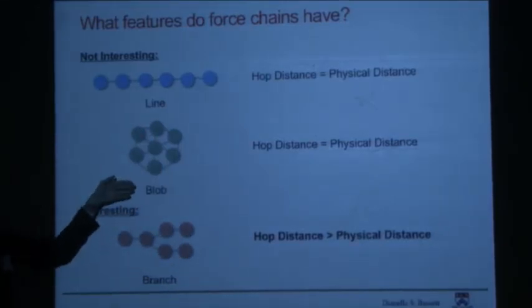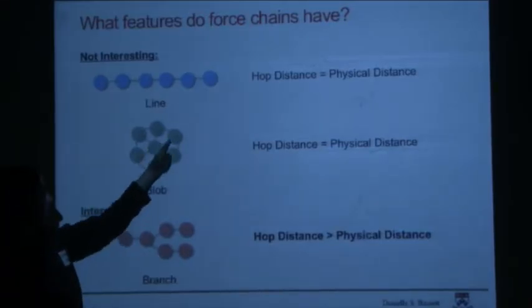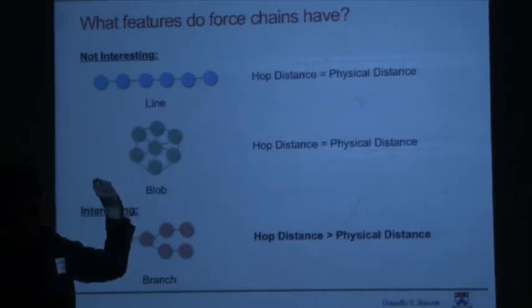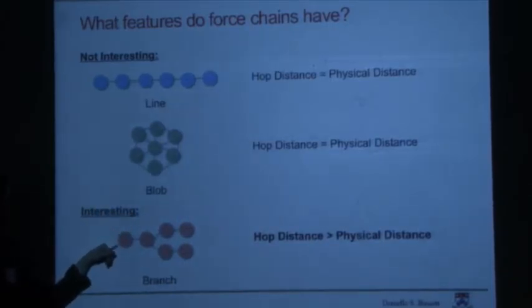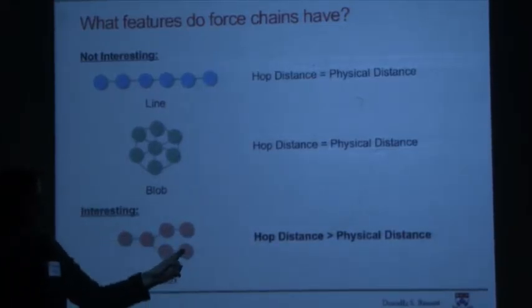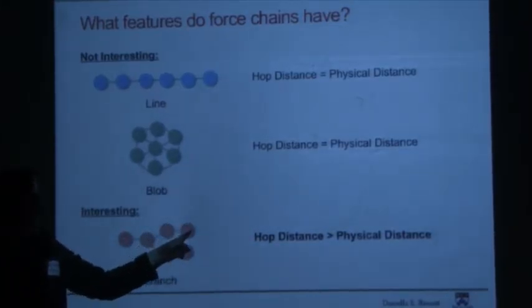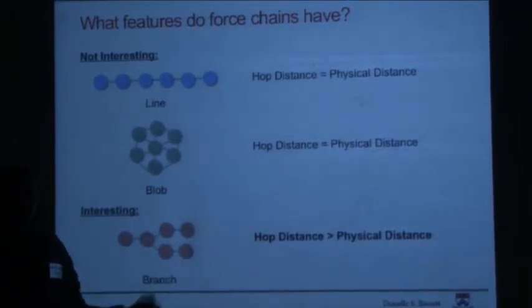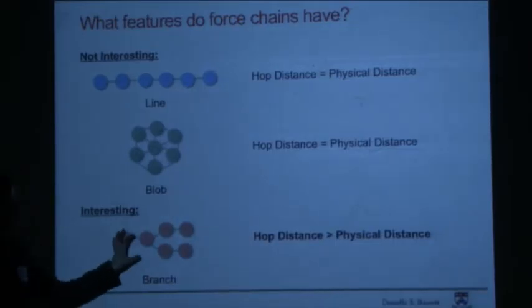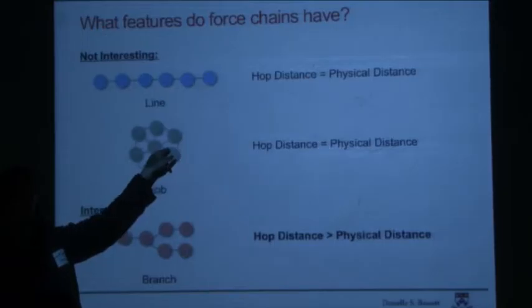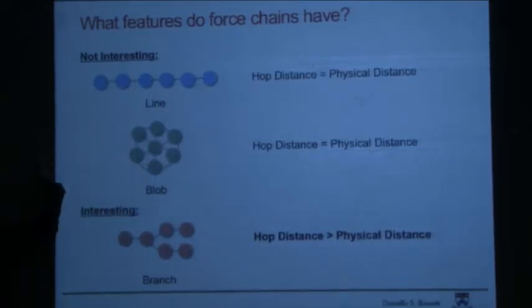In blobs, it's the same thing. The hop distance between this side and this side is going to be 2, but that's also 2 physical units away as well. So this is the interesting part, where the hop distance is actually greater than the physical distance. If I want to get from here up to here, I have to go through 1, 2, 3, 4 hops, but it's actually only 1 physical unit away, right? So these branch-like structures have this interesting feature, which is not present in these non-interesting shapes that we don't really care about very much.